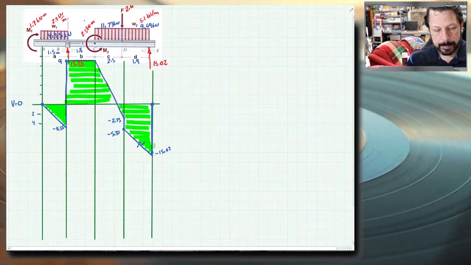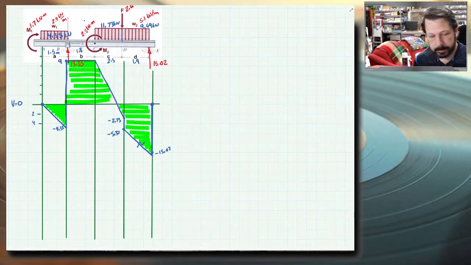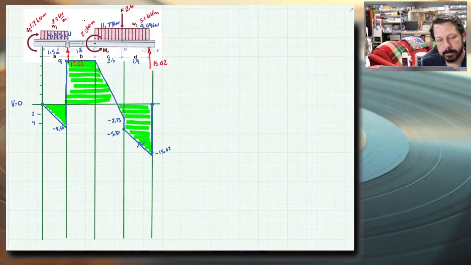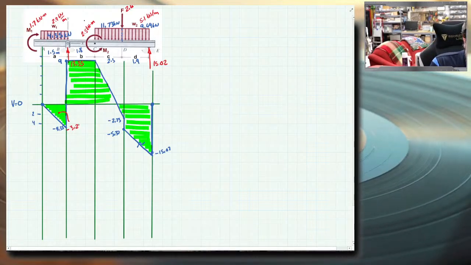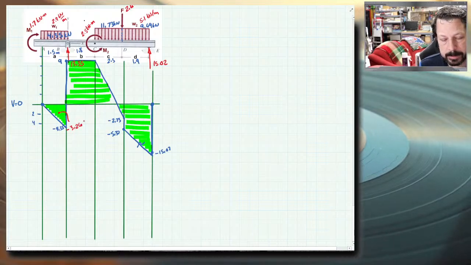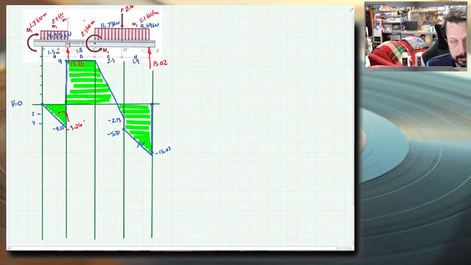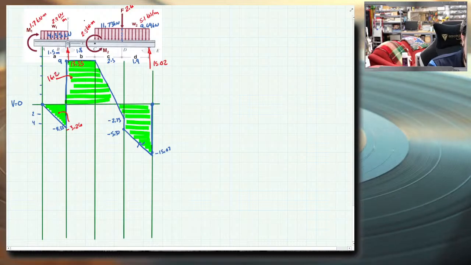All right, now let's do our areas. That's usually what I do next, calculate the area of each one of these shapes in the shear diagram. So I've got negative 4.35 times a base of 1.5. It's a triangle, so divide by 2. So negative 3.26. Again, I'm having to round, so we won't end up exactly at 0. The next one has a height of positive 9 times 1.8, 16.2.